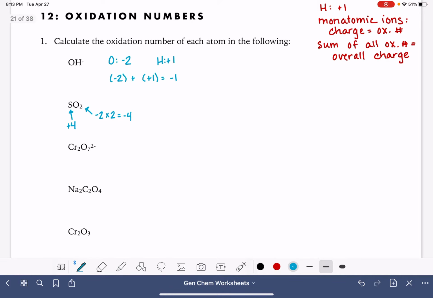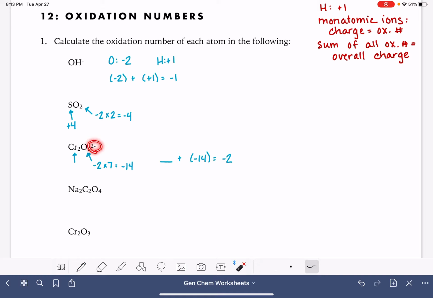Down here for our next one, things are getting a little bit trickier. We have oxygen atoms. We know that oxygens are always -2, and there are 7 oxygen atoms in this compound, so that's a total of -14 for all of those oxygen atoms. We've got these chromiums over here. We don't know what their oxidation number is, but whatever the chromium is, plus the -14 for the oxygen atoms, has to add up to an overall -2.